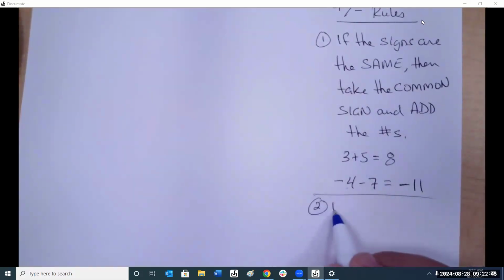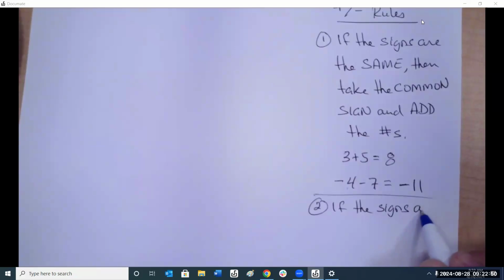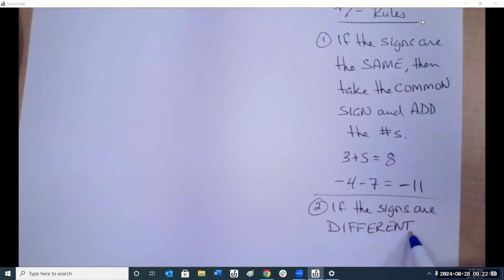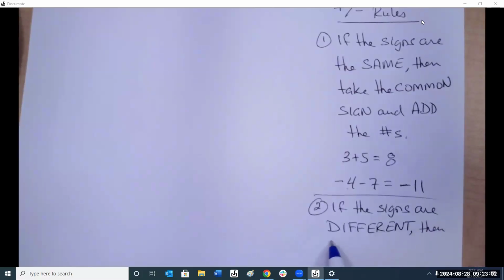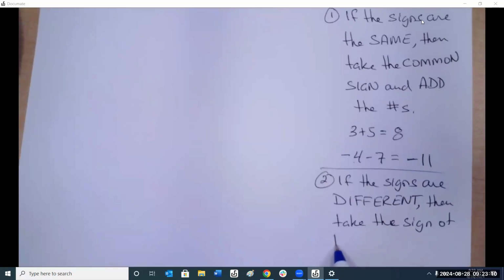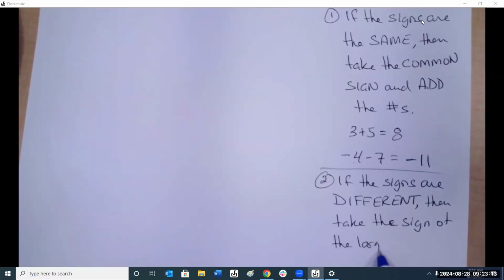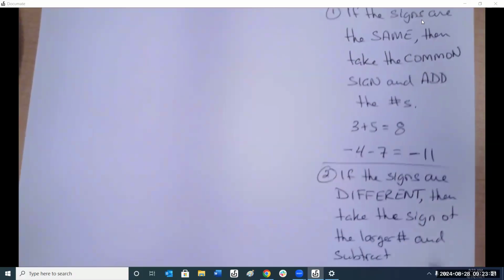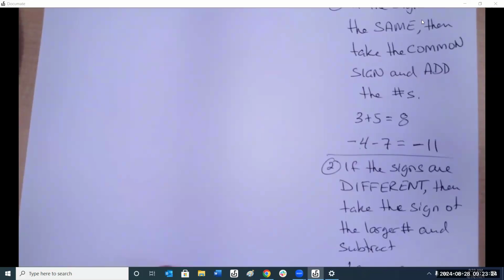The second: if the signs are different, then take the sign of the larger number and subtract, large minus small.